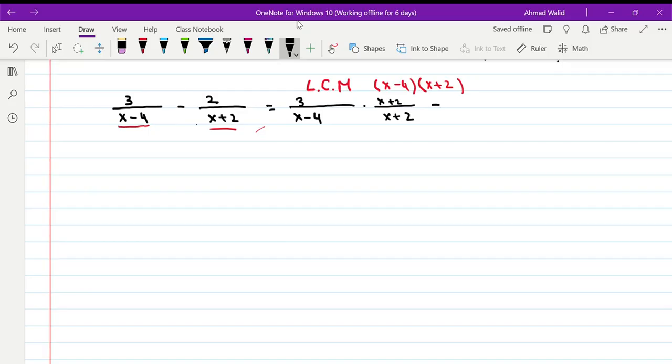Minus 2 over x plus 2 times x minus 4 over x minus 4, because you want to see the denominators become the same, right?